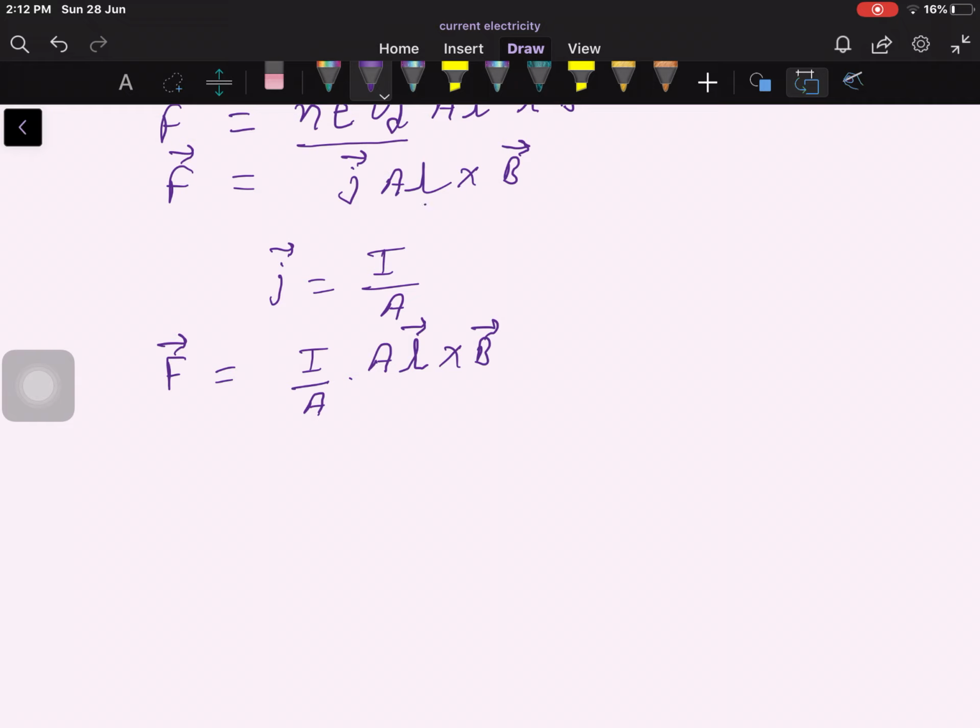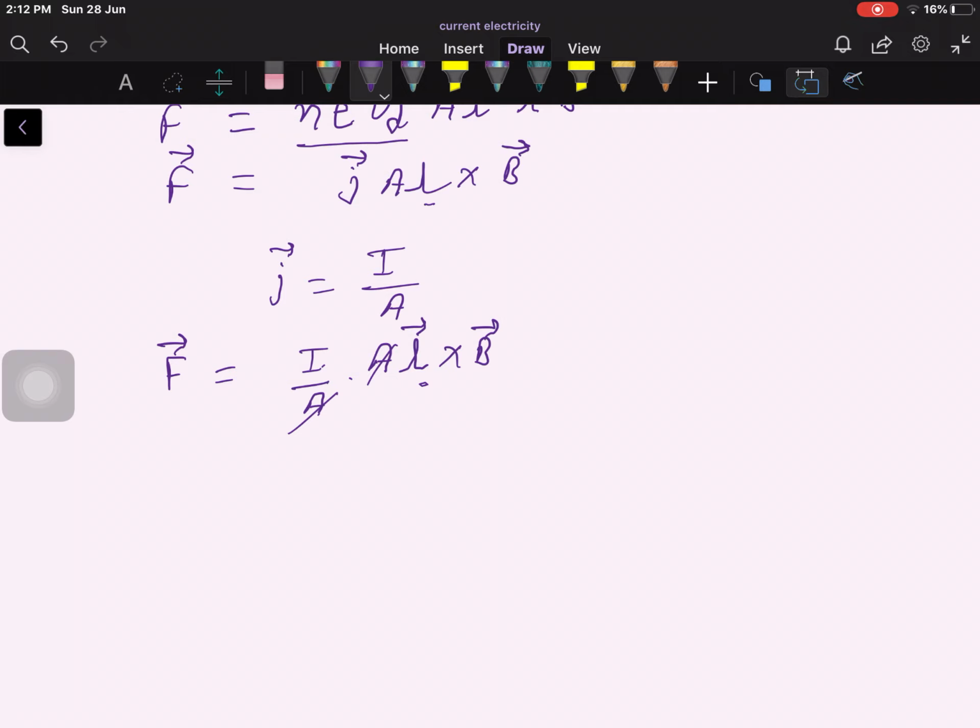L is a scalar quantity, but here it has become a vector quantity. Why? Because this A and A are cancelled and I is a scalar quantity, but it should be a cross product, so there should be a direction representing the direction of J. So we have taken L as a vector quantity, though it is actually a scalar; what it represents is the direction of current.